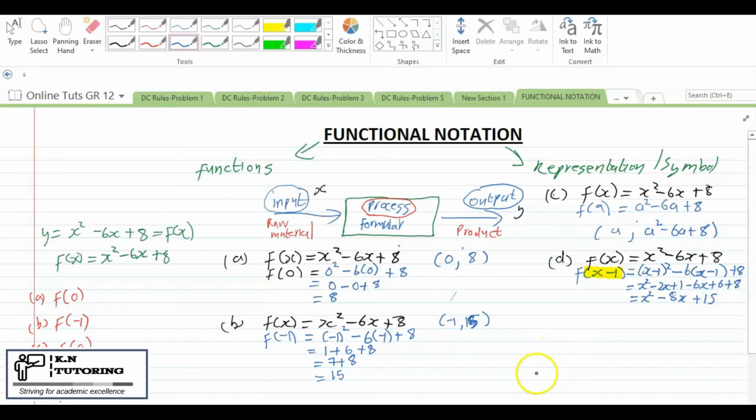So my coordinates for this will give me my x value is x minus 1. My y value is x squared minus 8x plus 15. Okay. Let me erase this side.